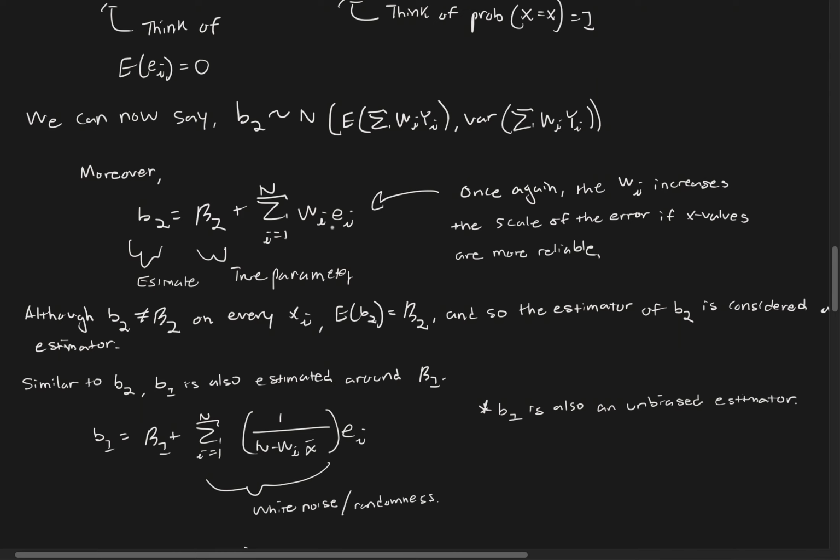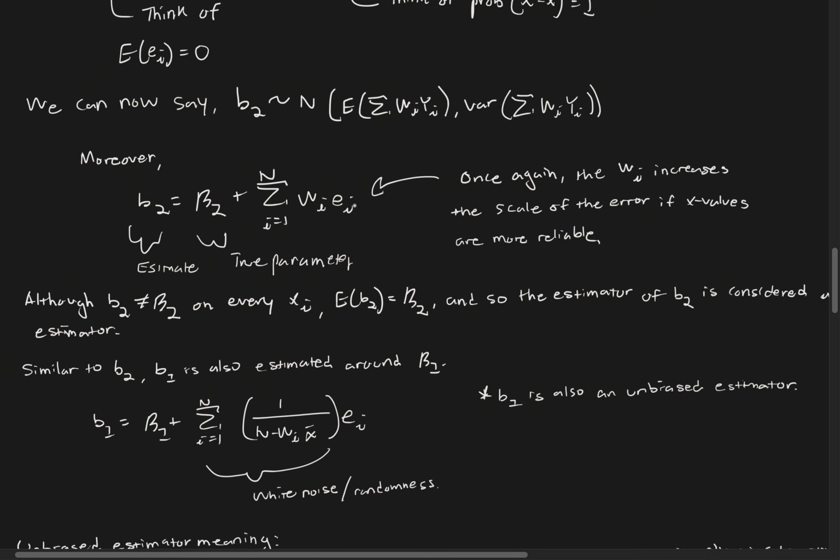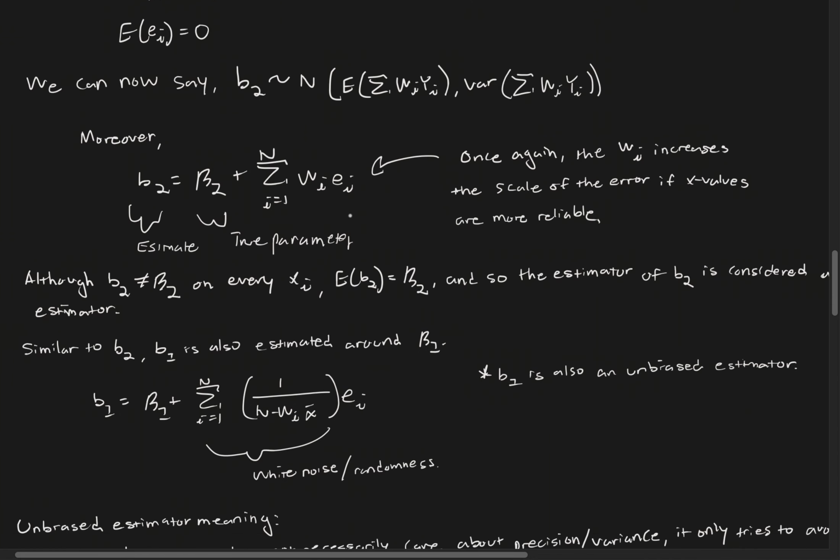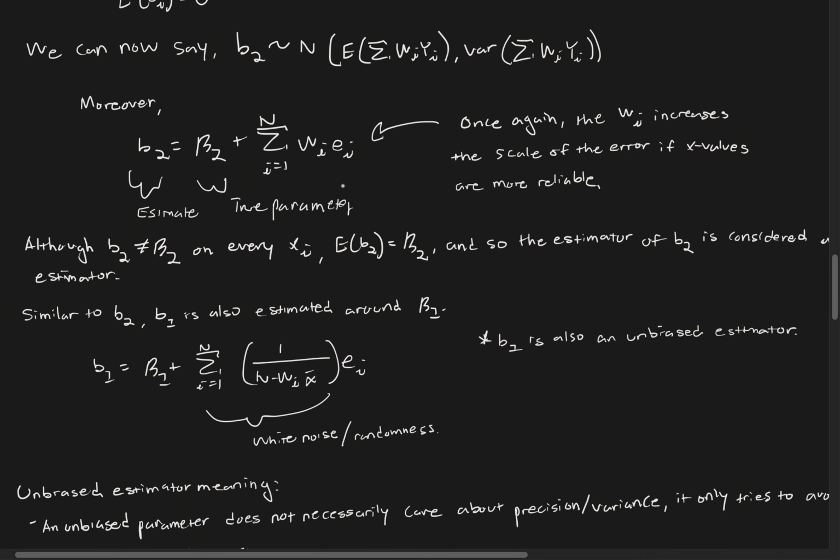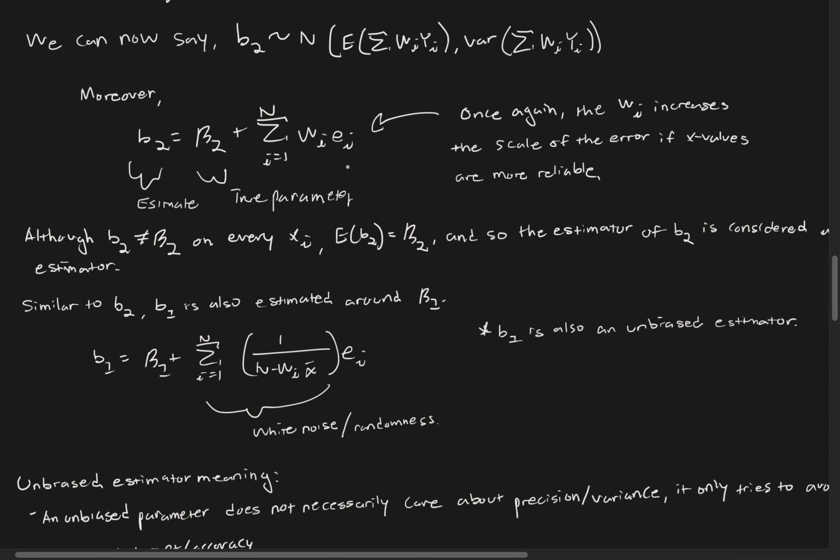And so the W once again exists because we're scaling the errors, so that the errors that are more reliable or closer to the x values, or the errors that are smaller or minimal, we can scale bigger.